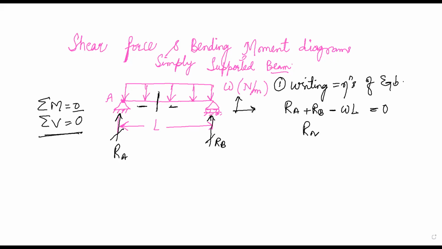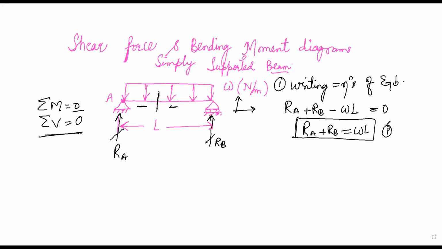Therefore RA plus RB is equal to W into L. We call this equation number 1. So we have essentially represented this force in terms of RA and RB.